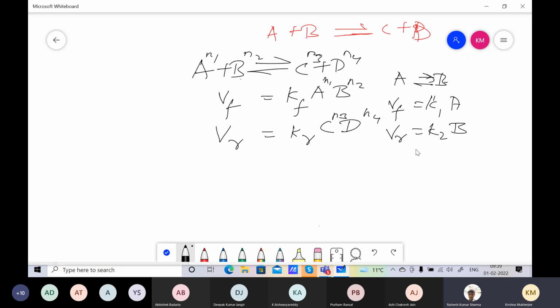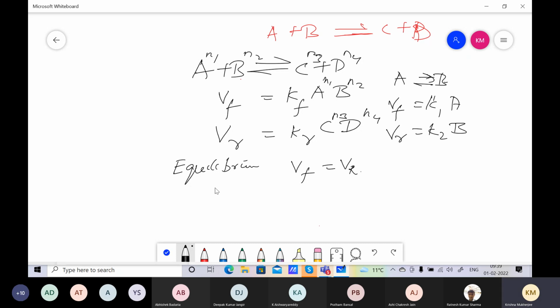Yes, sir. Yeah, and so equilibrium is really attained when the concentrations don't change. So it really means Vf is equal to Vr. Correct?